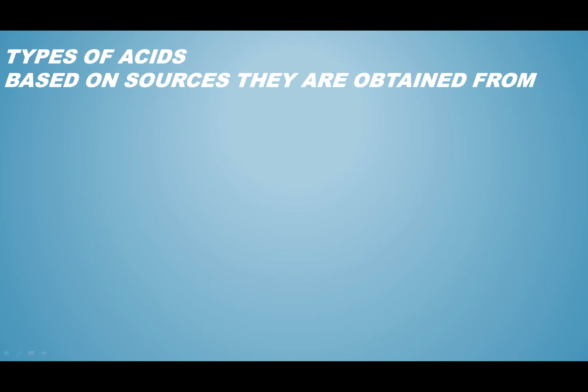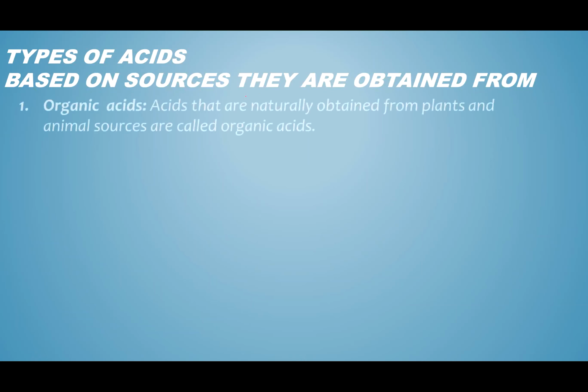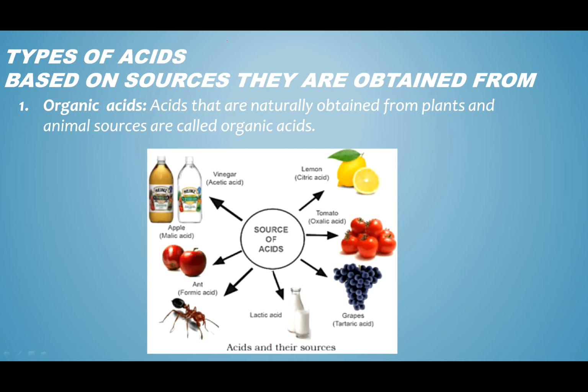Then how can we classify acids? There is one type of classification which is based on the sources they are obtained from. One is those obtained from plants and animals, or you can say the organic acids, like those present in lemon, tomatoes, grapes, milk, ant, apple, vinegar.